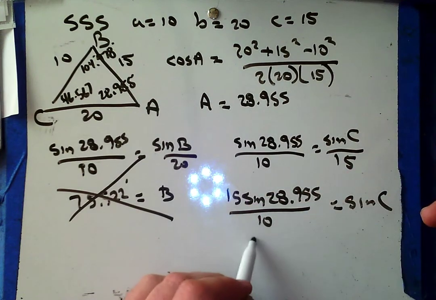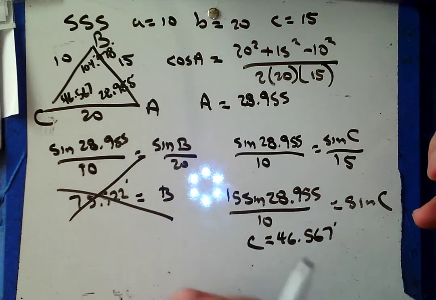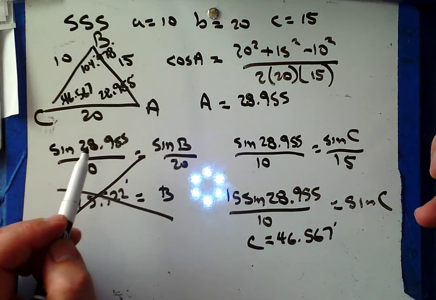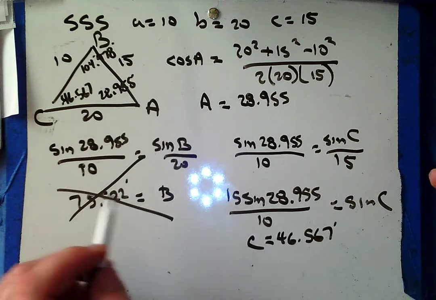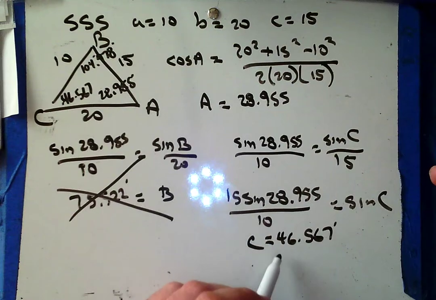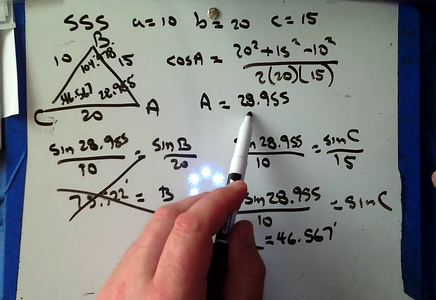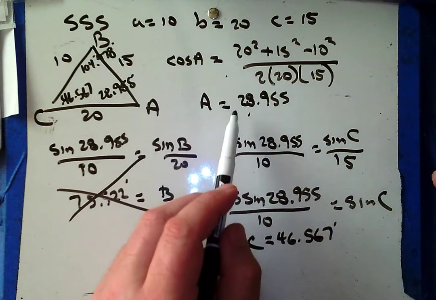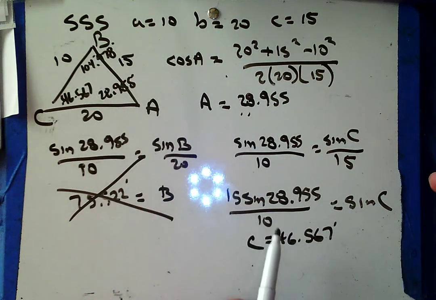And I end up with C equals 46.567 degrees. And that is correct. Huh. So this one didn't work, but this one did work. Okay. So I guess I could use law of sines to find an angle. Use law of cosines to find this angle. And then, if I found this one first, I'd be correct.